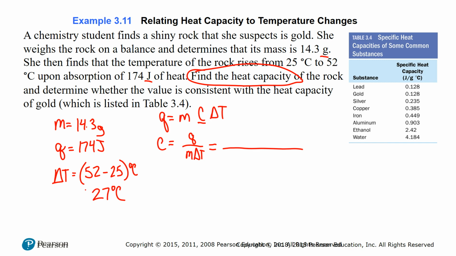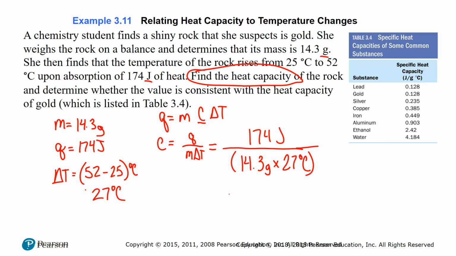All right. So plugging it in there, 174 joules over 14.3 grams times 27 degrees Celsius. Notice that none of the units cancel each other.